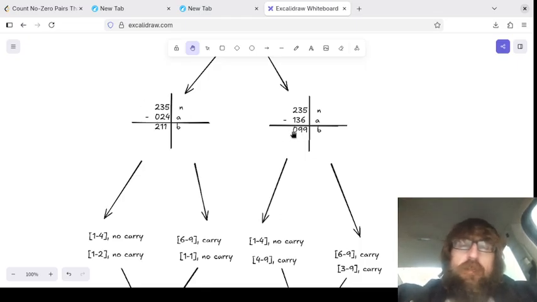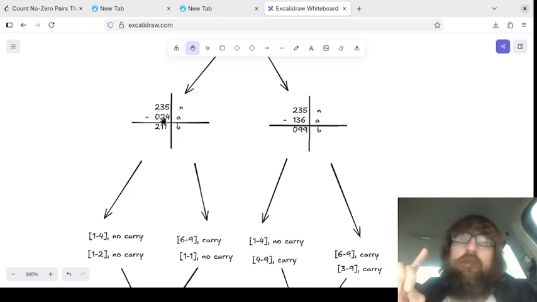And in the case of the no carry here, I just took the prefix 2 and slapped it right onto the 11 for B. And then I said, okay, this is going to be leading 0 is 24 for A. And that is actually a no 0 integer. Even though it has a 0, it's a leading 0. The leading zeros are disregarded.